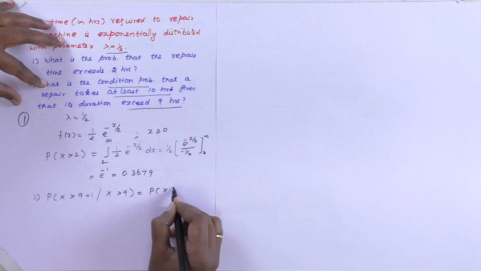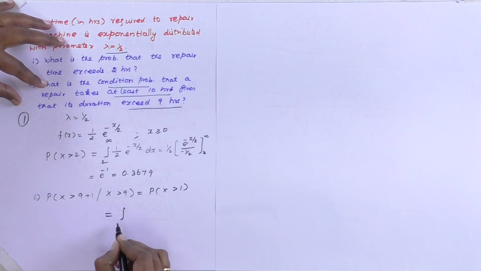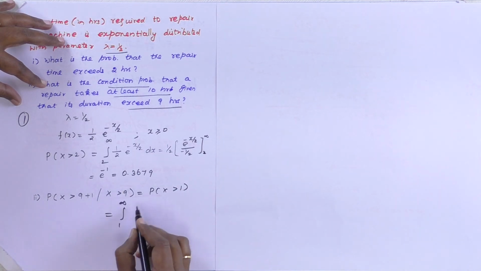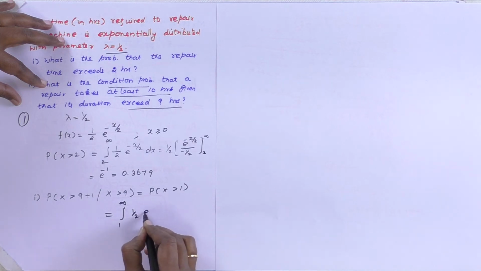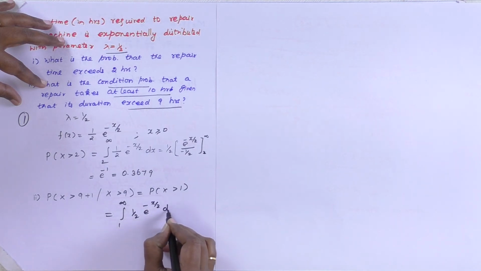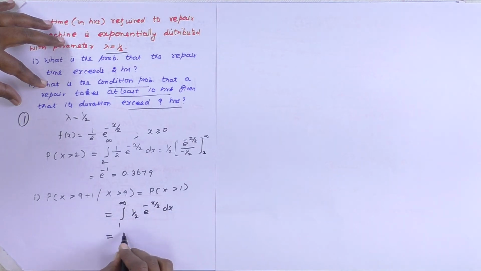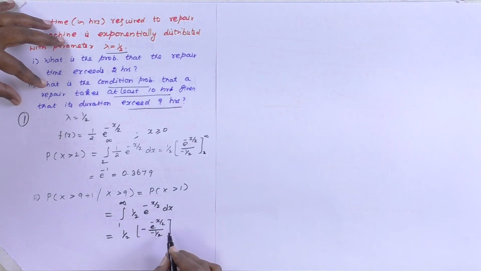So, that is P of x greater than 1. Therefore, the limit varies from 1 to infinity, f of x dx, that is 1 by 2 into e power minus x by 2 into dx. Okay, taking integration of this one, we get minus e power minus x by 2 divided by minus half, limit varies from 1 to infinity.